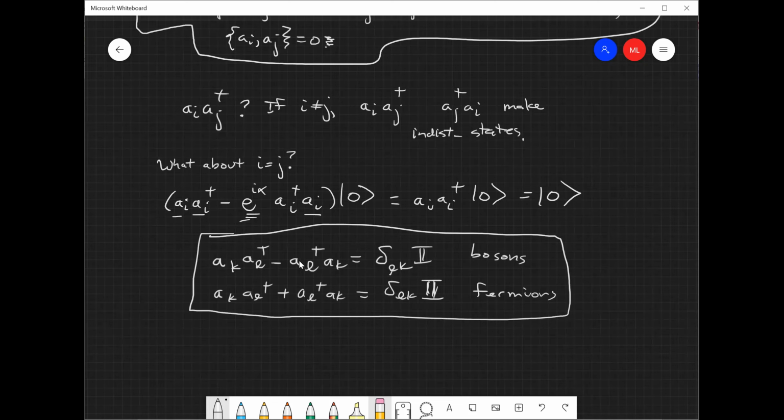But if you remember, the commutation relation for the raising and lowering operators for the harmonic oscillator was equal to the identity. So this is quite similar. It's just saying that if you have raising and lowering operators between different states, then they just commute. They all commute for bosons. But if it's in the same state, then they behave like the raising and lowering operators for a harmonic oscillator.